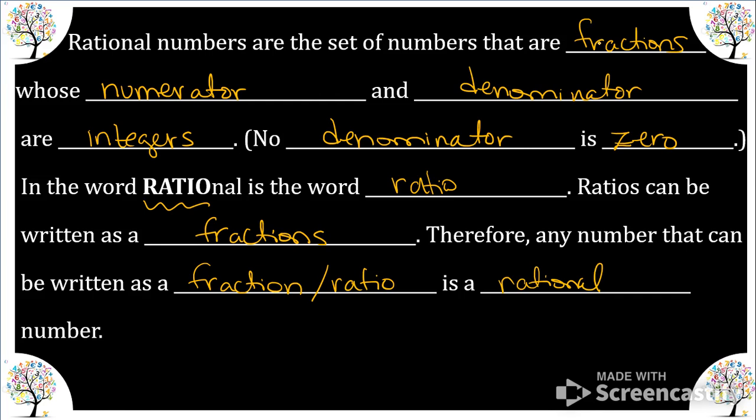Remember, a rational number can be written as a fraction whose numerator and denominator is an integer. And we've already talked about what an integer is. It is our positive and negative whole numbers.